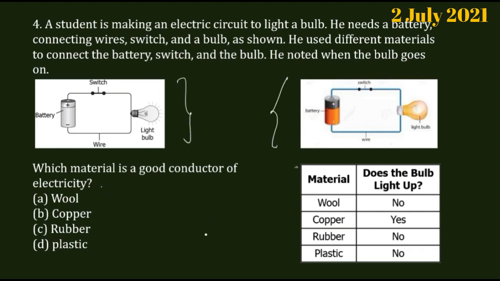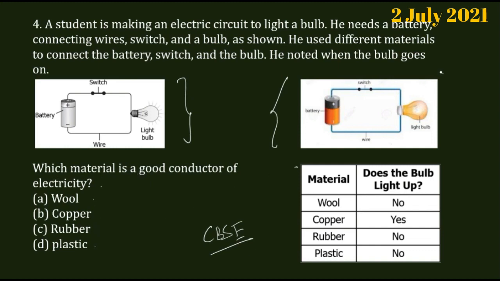This question is taken from the CBSE site. Let me give you the link of these questions of all the chapters, which is there on cbseacademics.com, for all the subjects. Which material is a good conductor of electricity? Wool is given, copper is given, rubber is given, and plastic is given.